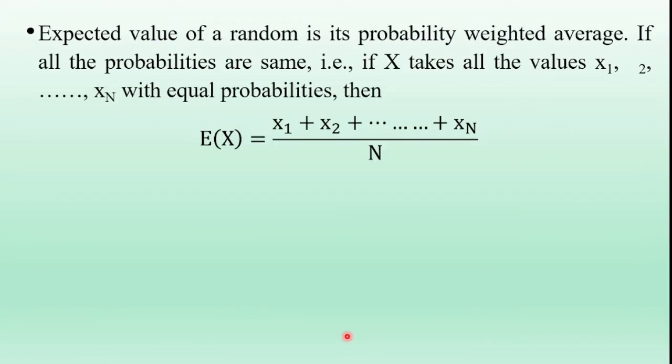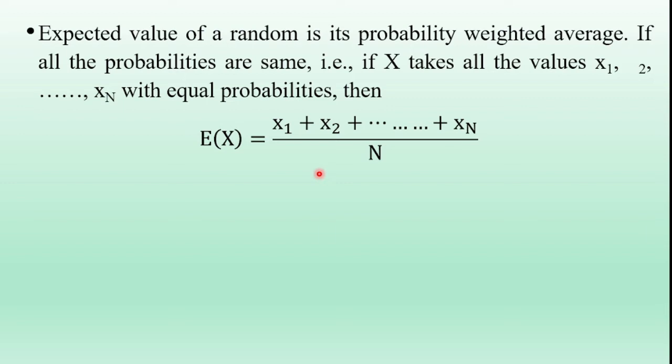Expected value of a random variable is its probability weighted average. If all the probabilities are the same, that is, if random variable X takes all the values x1, x2, x3 and so on xn with equal probability, then expectation of X is equal to x1 plus x2 plus x3 and so on xn divided by n.